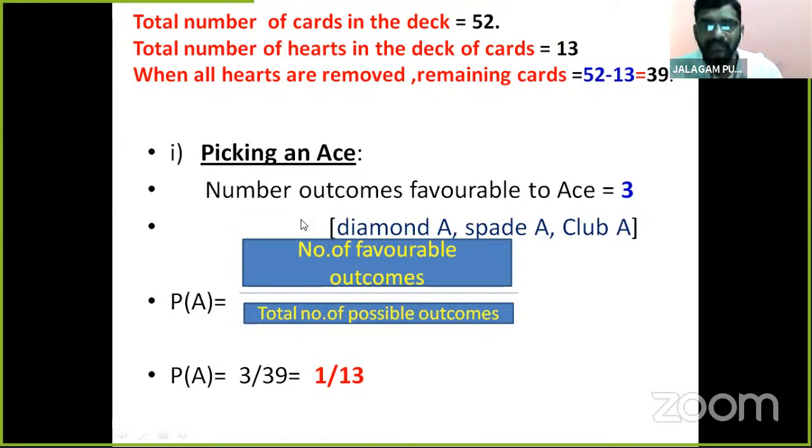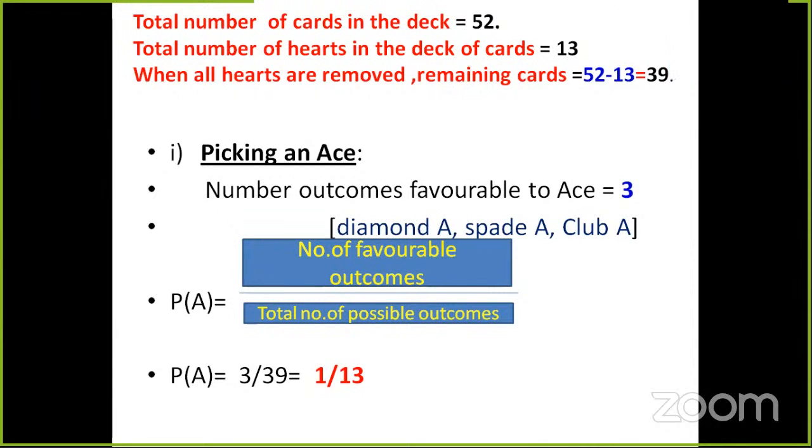Using this we create so many questions, so many problems, children, using playing cards.